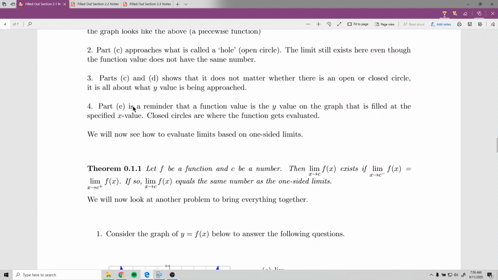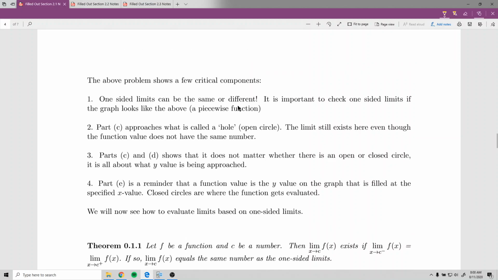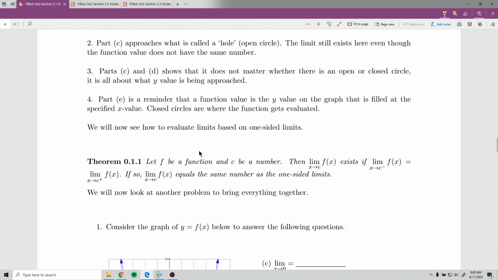And part E is a reminder that a function value is the y value on the graph that is filled at the specific x value. So just recapping everything we did up there. You may not be familiar with a hole. We'll talk more about those throughout the class, and even later in this section.